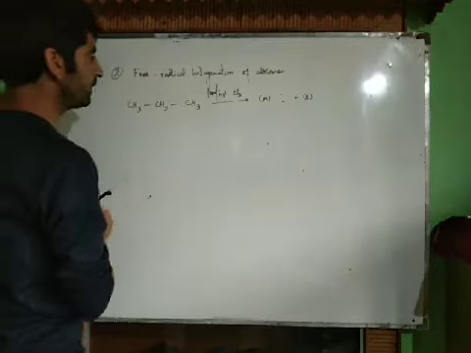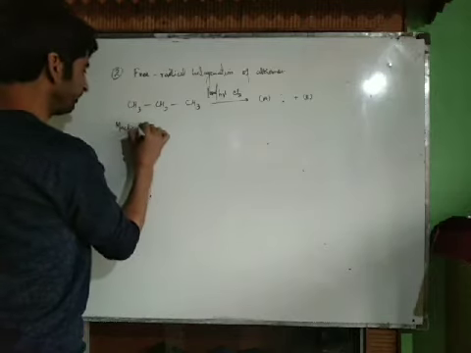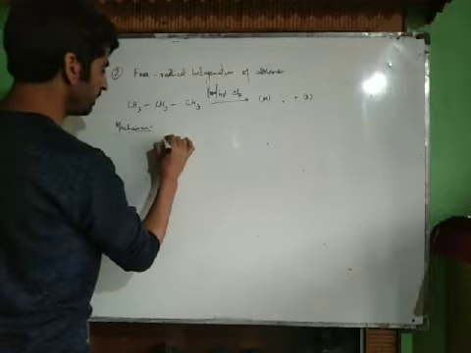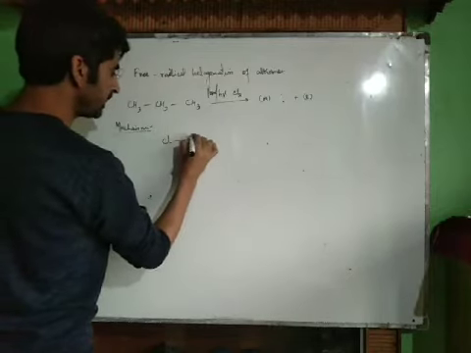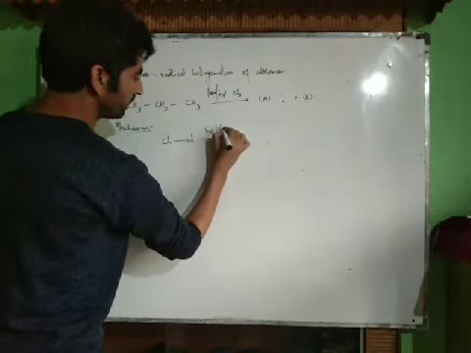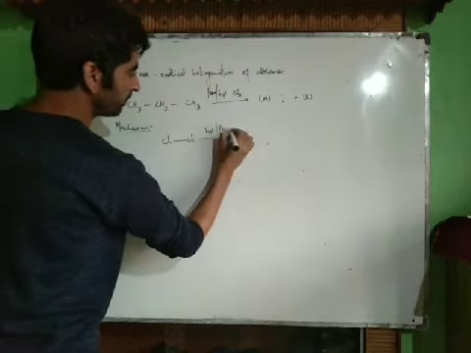Now the first step, that is the mechanism of this reaction. The first step involves formation of free radicals: the Cl-Cl bond breaks down in presence of H nu or peroxide. The aim of using H nu or peroxide is to form free radicals.